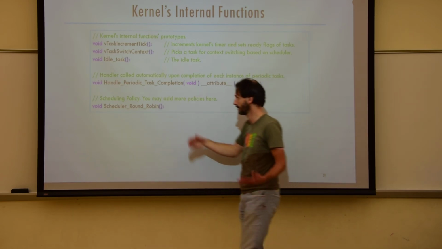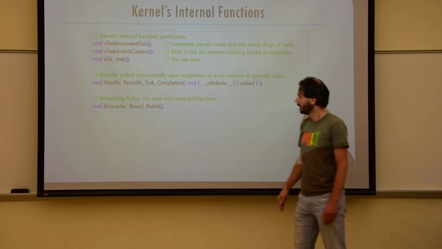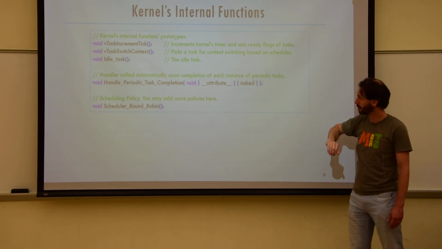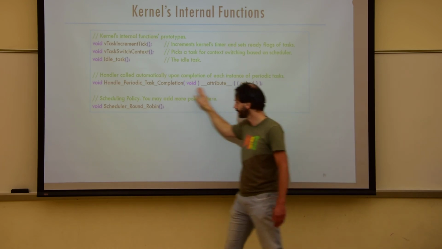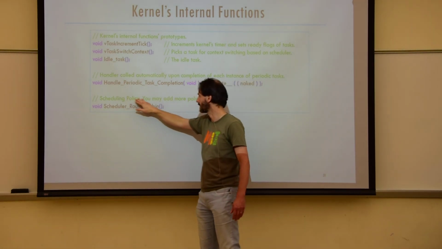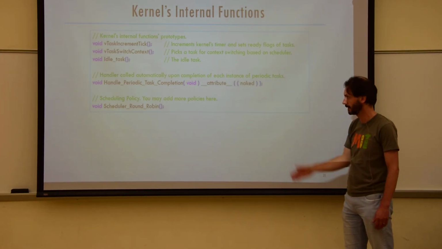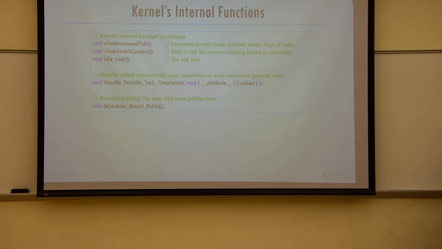And of course you will still have your idle task that you also need to implement. Then we have a handler that's called automatically upon completion of each instance of the periodic tasks. Then we also have a scheduling policy. You may add more policies here, and you probably will in the assignment. We have a round robin scheduler in this particular case.